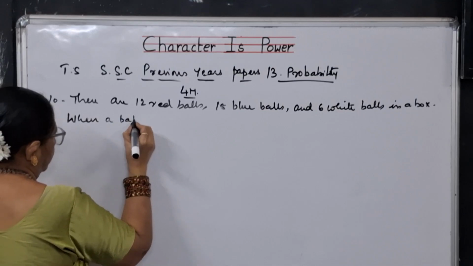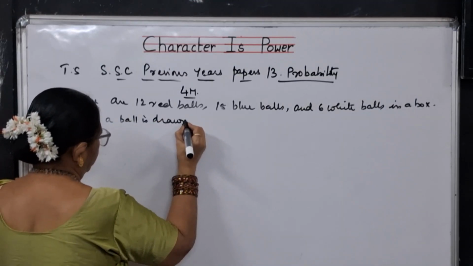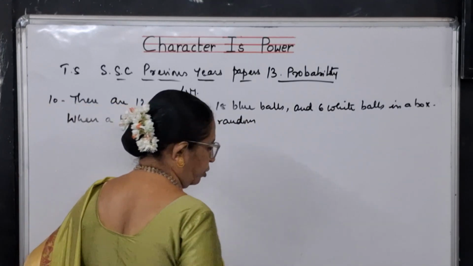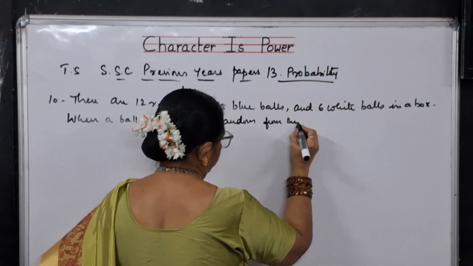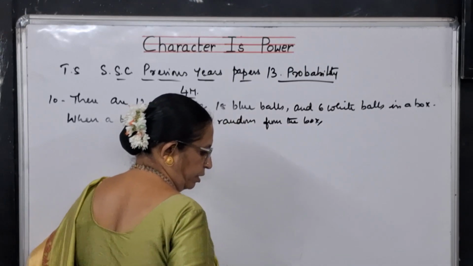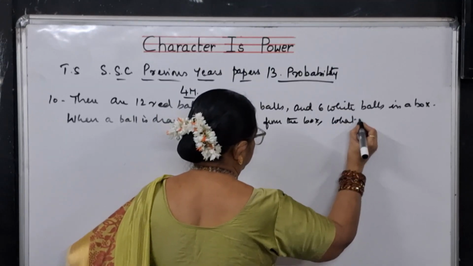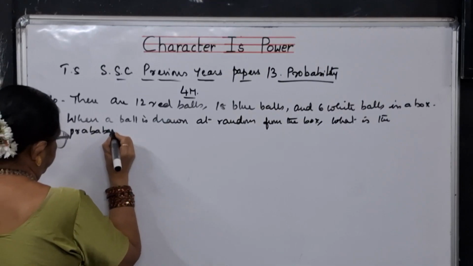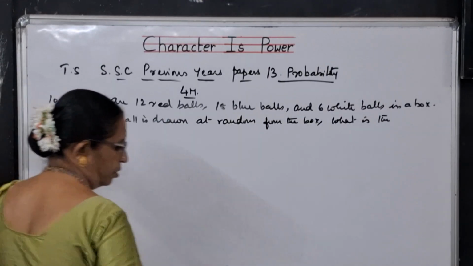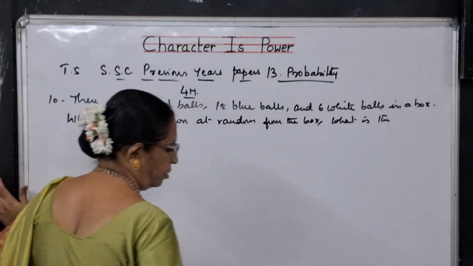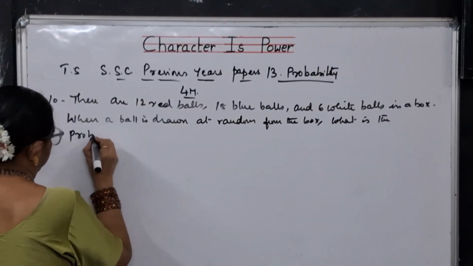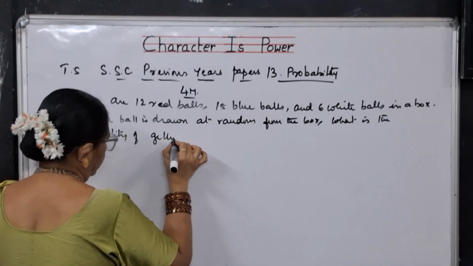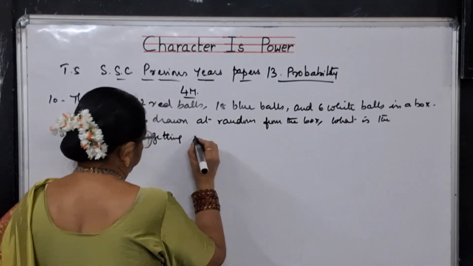When a ball is drawn at random from the box, what is the probability of getting a red ball?